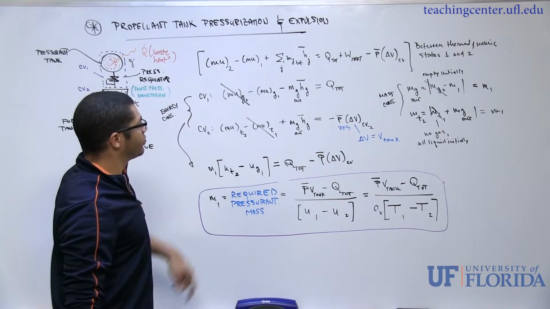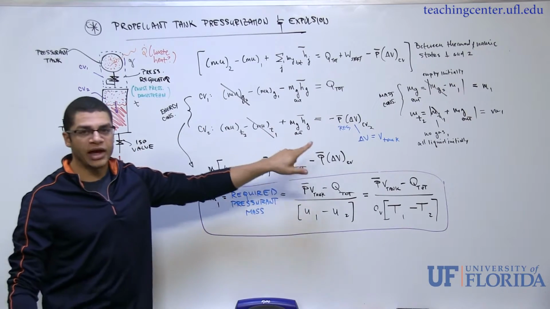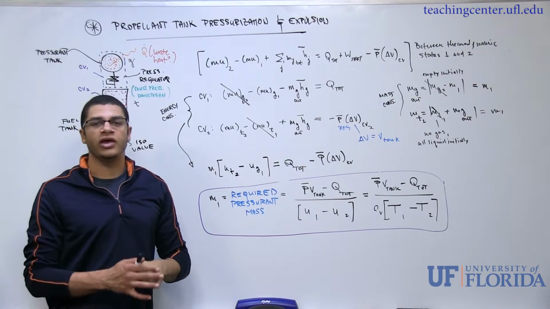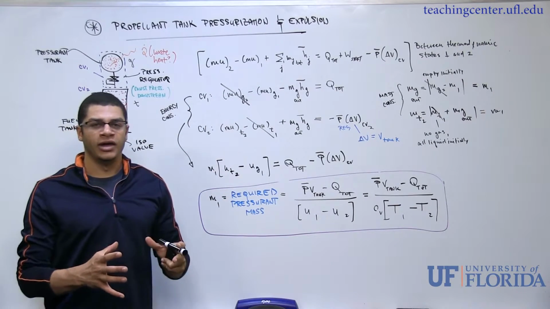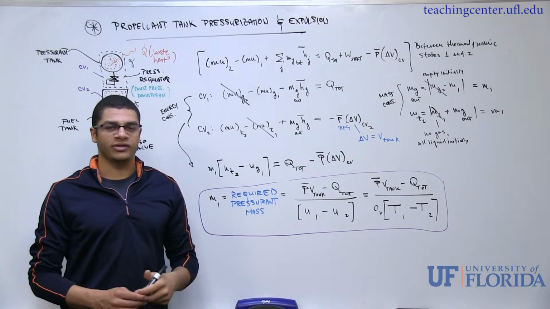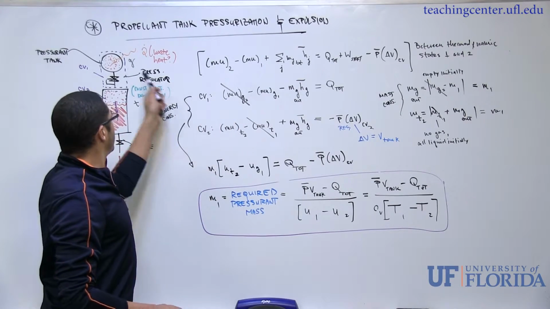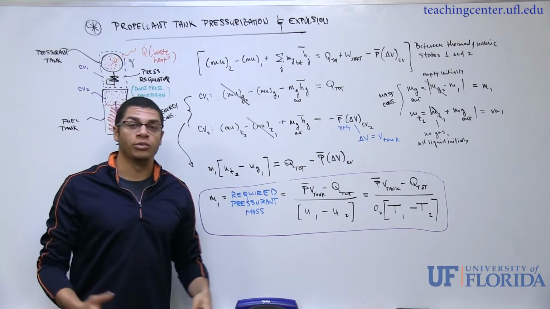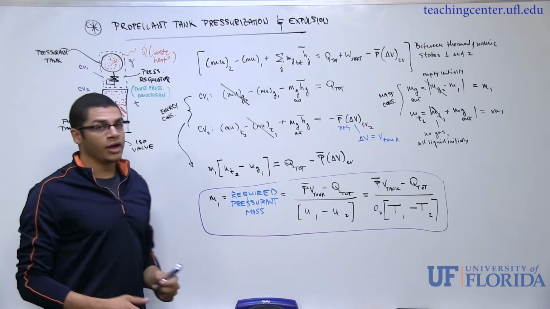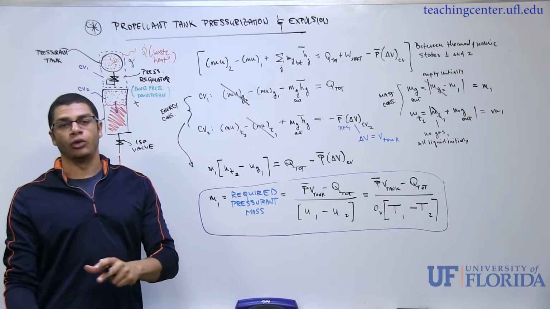At this point, actually let me backtrack one second. I've crossed out this term here because I'm assuming that all of the mass of the gas in the pressurant tank is expelled at the end of our process. This isn't quite practical, because if we had nothing in that tank, we'd be pulling vacuum in the tank, and the pressure on this side of the system may be lower than the downstream side, and we wouldn't get any flow in the proper direction.